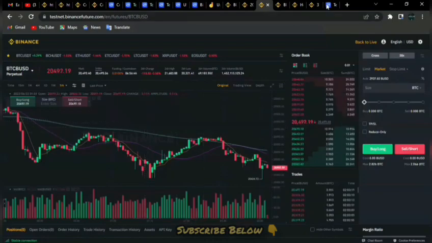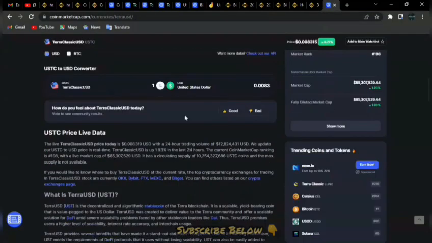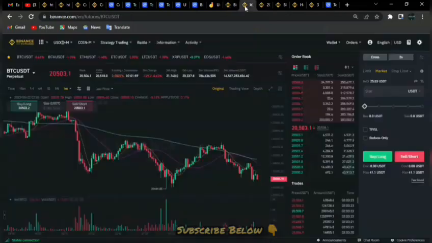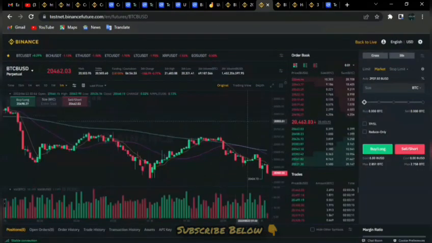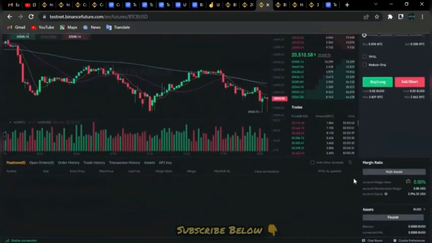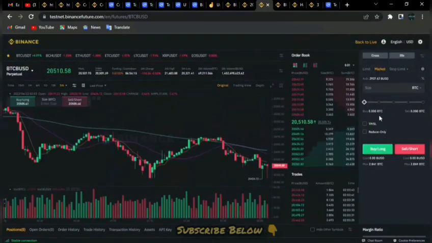Coupled with the crypto crash of UST, Terra Luna, most users just want to find solace in a crypto asset that is currently doing well or has the potential of not being wiped out. This is very much possible because Binance is currently the number 1 exchange in the world, and it has lots of cash reserves and resources to pull together to withstand any issues that might come up in the long run.